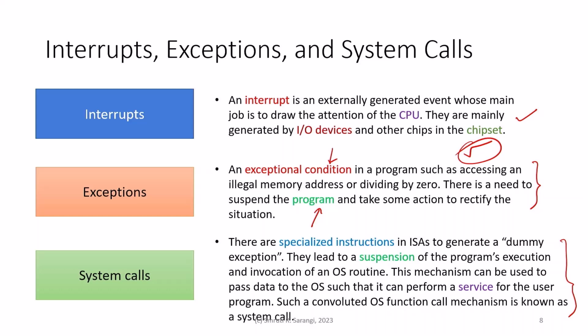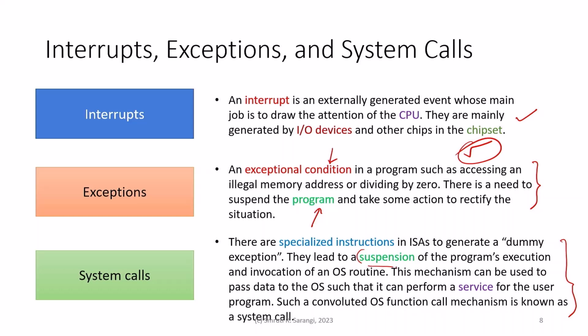And the OS is obviously not running because it's a program, and since you are running, the OS is not running. At the moment, only one program can be running on a core. So what you do is that you raise a dummy exception, a fake exception, which will tell the OS, raise the attention of the OS, and that will lead again to the same set of steps.